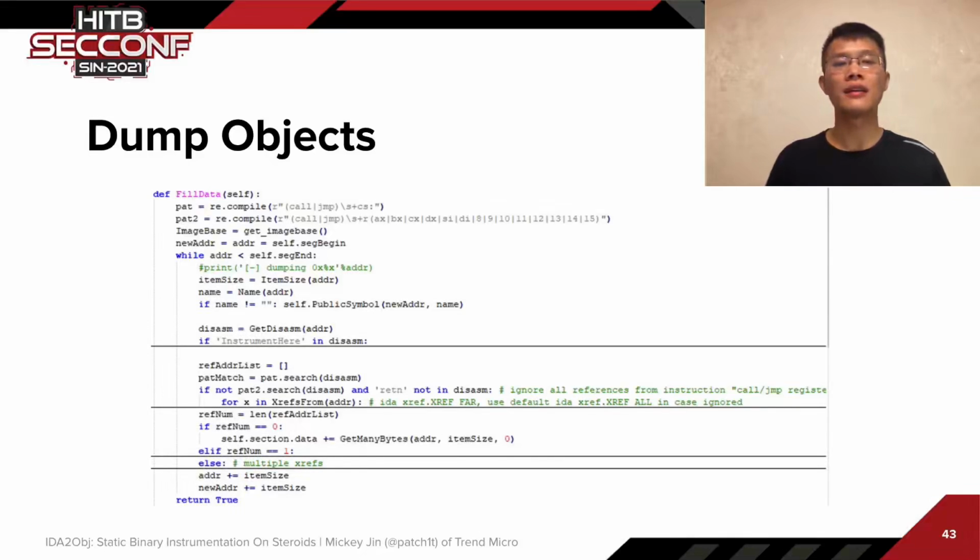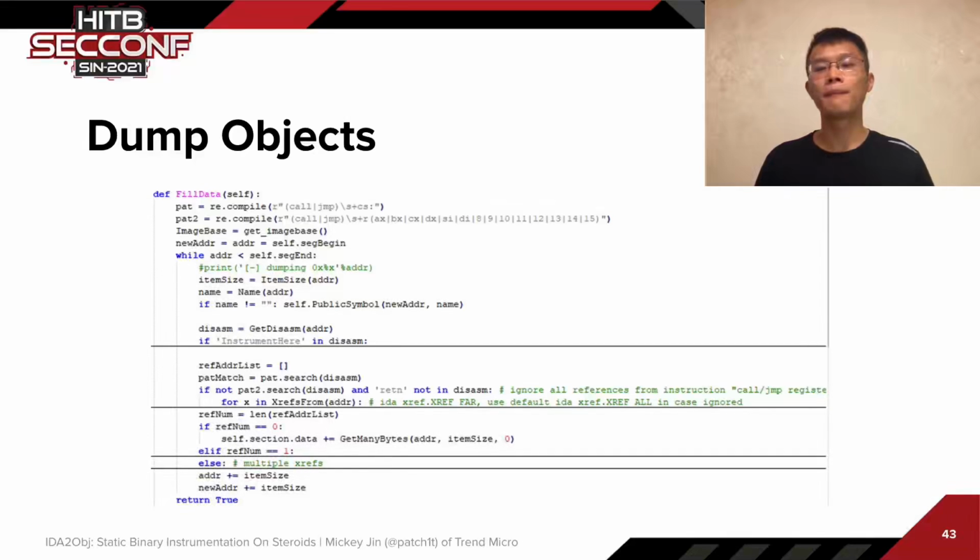If there is no cross-reference, it will call the API get_many_bytes to dump the data directly. If there is one cross-reference, it will dump the symbol with its reference type.